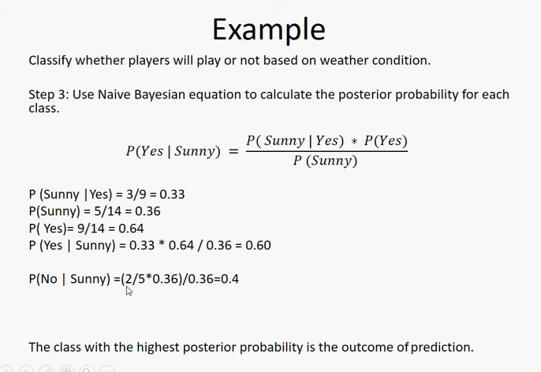If we do the same for the probability of not playing when it's sunny, we get 40%, and so obviously the yes class is the winning class when the predictor, the input, is sunny. You can do the same for rainy and overcast. So the test set would be sunny, and from these values, we decided that the prediction is yes, the team will play.